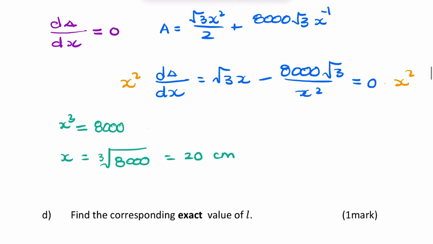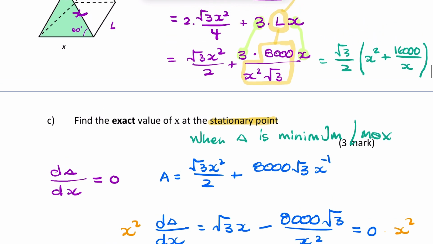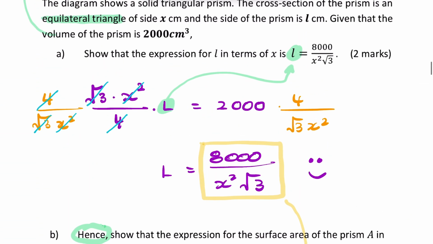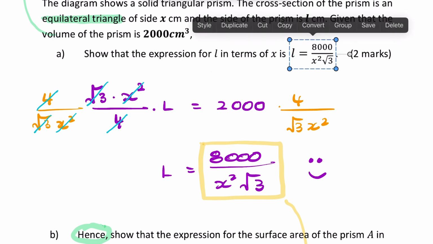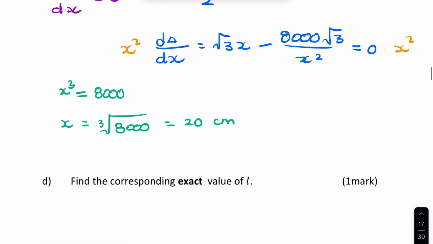The question then goes on to ask for the value of L. Now, what's the relationship between L and x? We found that up here, and even if we didn't find it, we already know this from the question. They gave us this expression, so even if you were unable to find it, you can use this relationship.